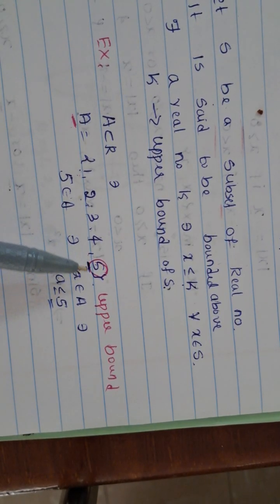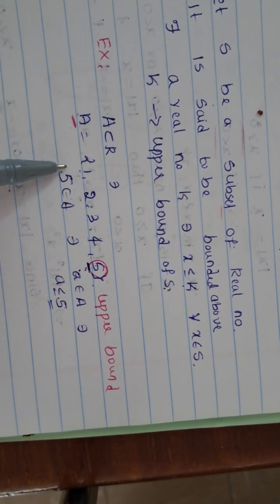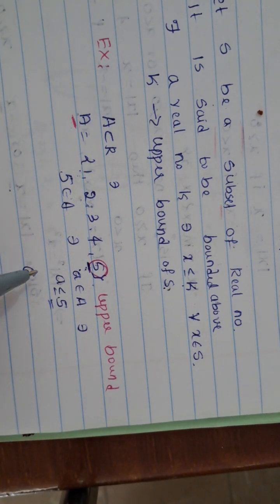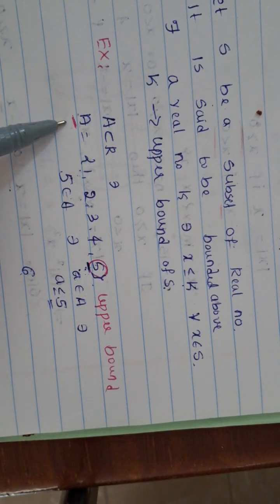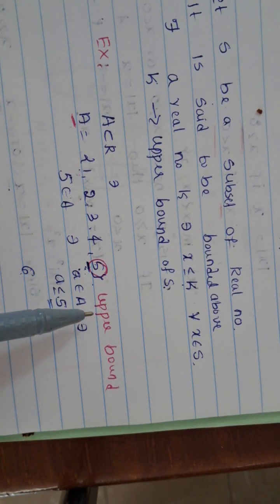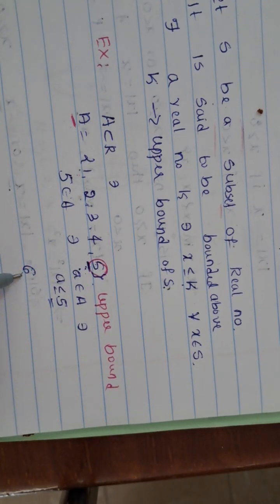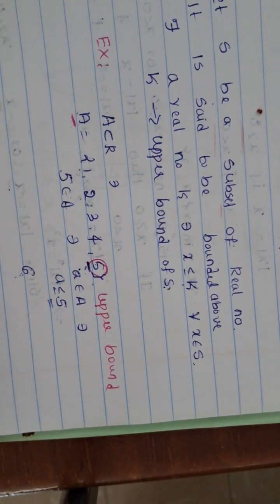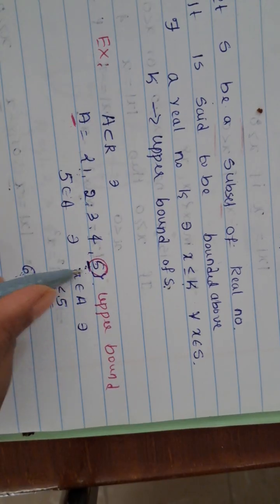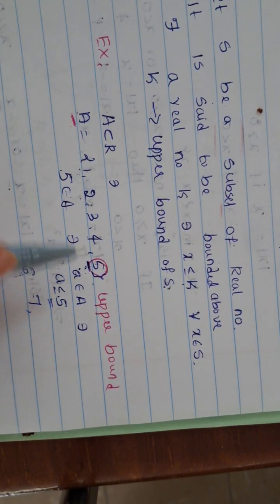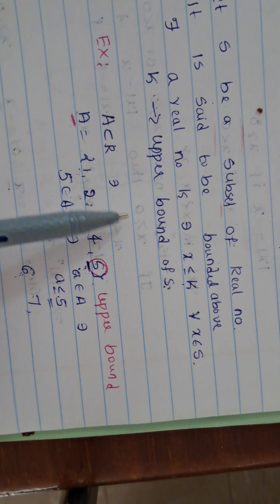If I consider 6, which does not belong to the set A, any number greater than 5 is still an upper bound of this given set A. So upper bounds may or may not belong to the given set. 6, which is greater than 5, is still an upper bound of A. 7 is also an upper bound of A, because it follows all the conditions.